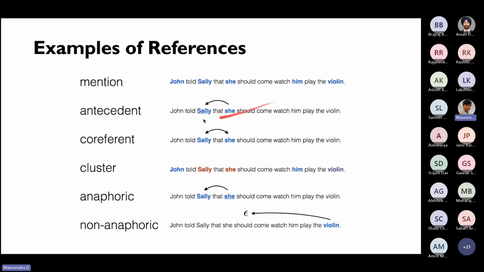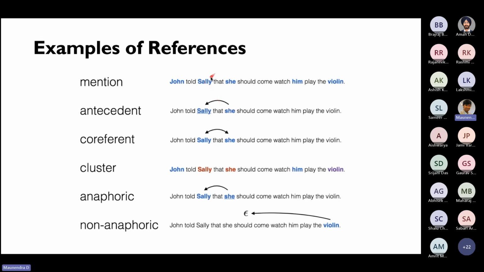Then we call something an antecedent if a mention is coming before another mention. So for the word she, John and Sally both are antecedents. However, she does not refer to John. She refers to Sally.